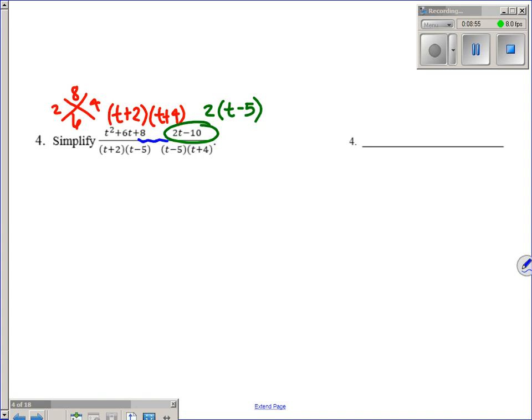We know that this is multiplication, so we can just multiply across. We're just going to cross out anything that's the same on the top and bottom. So we can cross out our t plus 2s and our t minus 5s and our t plus 4s. So all we're left with is this 2 and t minus 5. So it is 2 over t minus 5.